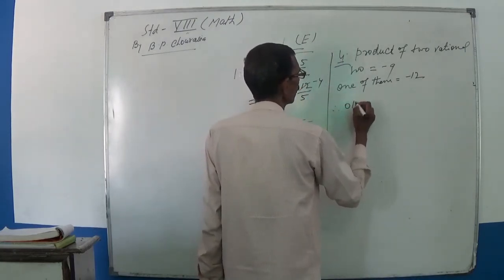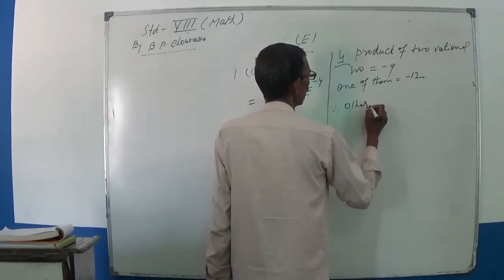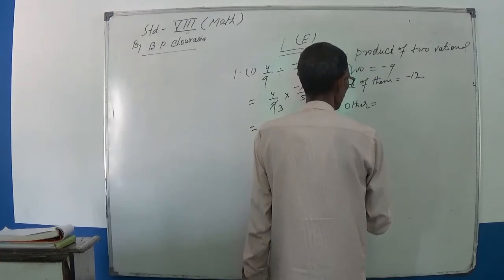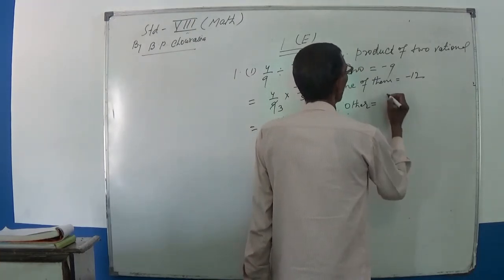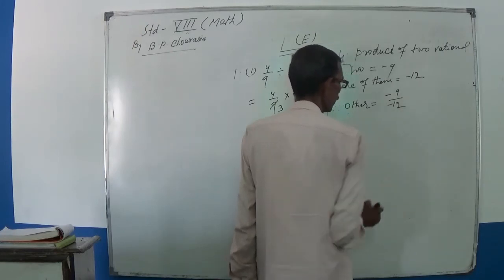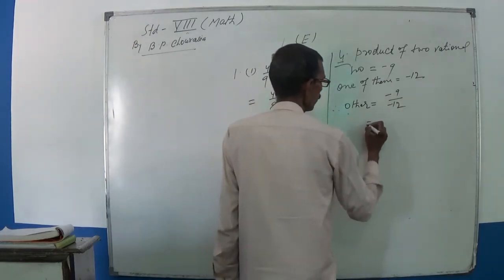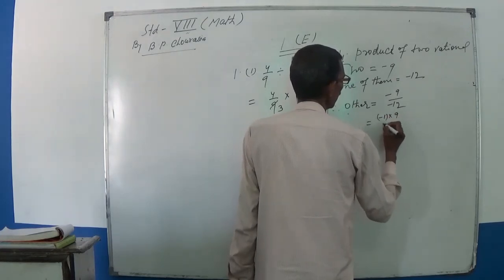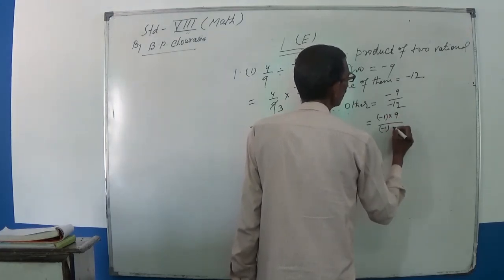therefore the other is equal to minus 9 by minus 12, which is equal to minus 1 into 9 by minus 1 into 12.